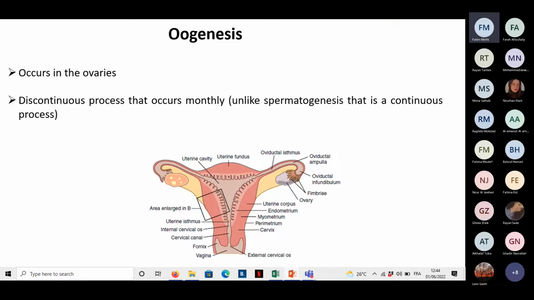When it starts in the primary spermatocytes, it continues until the end without any arrest, and the process of generating gametes is not disrupted, like in the females. In the females, it does not occur all over life. It will stop at the age of 50 or 55 at the menopause.